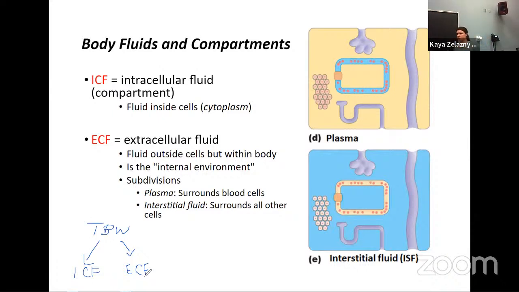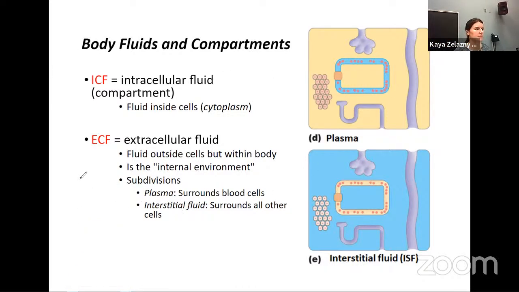So the extracellular fluid is everything outside of a cell. But here we are going to be a little more specific because we want to know, now, is it just generally somewhere in the body outside the cell? Or specifically, is it in the blood, but not within a red blood cell? So our next division, I should have drawn this a little farther up. All right.